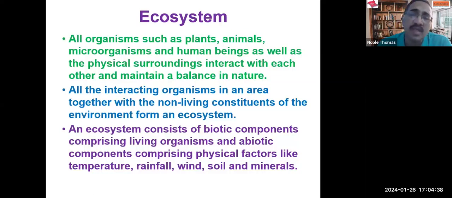The same nutrients are utilized by another set of plants. So there is a continuous cycling of material within an ecosystem, and there is a continuous supply of energy from outside. So these are some of the characteristics of an ecosystem.